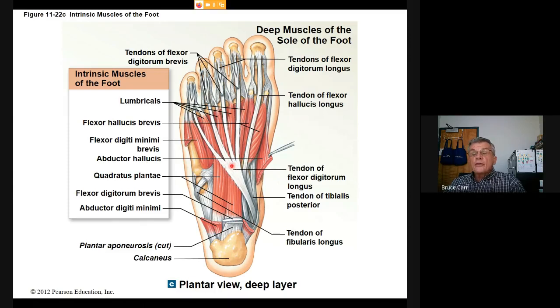As is true in the thumb, in the hand, there is often special connection for the great digit, the thumb in the hand and the big toe in the foot. This is the flexor hallucis longus, same approach to the name, but hallucis refers to the big toe.